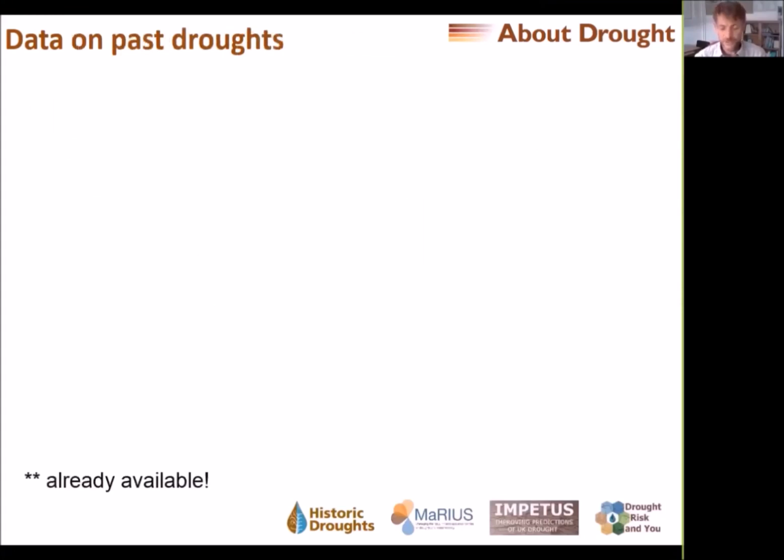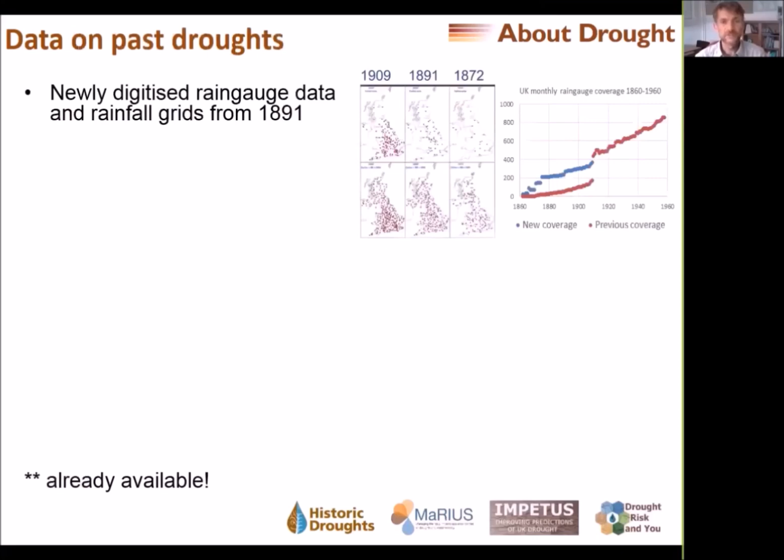First of all, we've produced some data on past droughts using multiple modelled data sets. In the Historic Droughts project, we've digitised rain gauge data and produced grids of that rainfall data back to 1891.